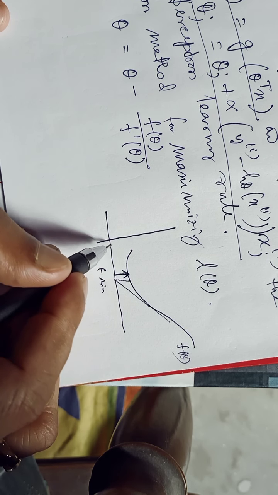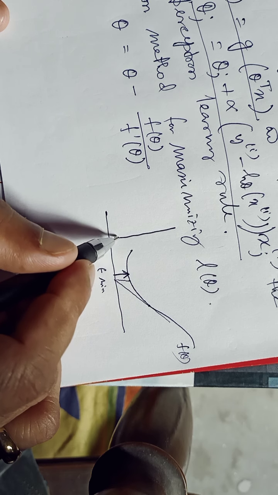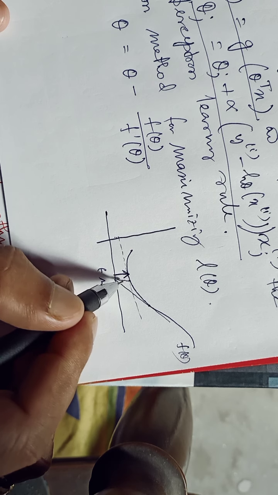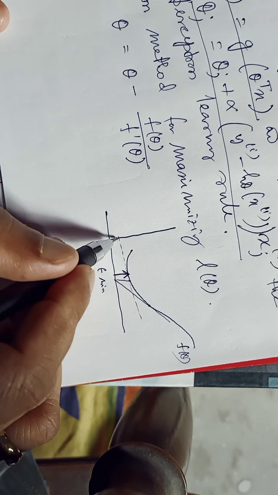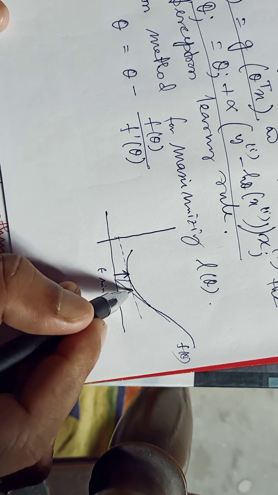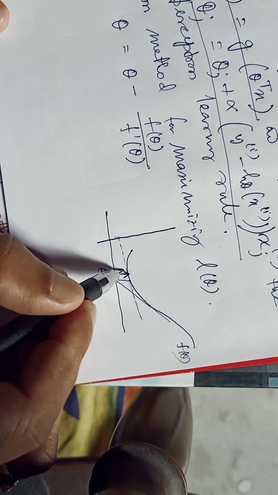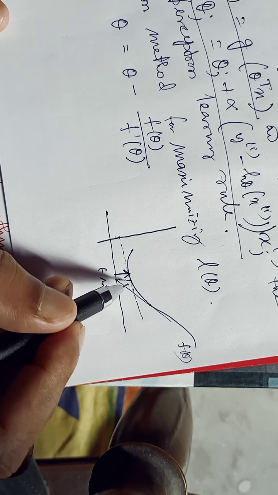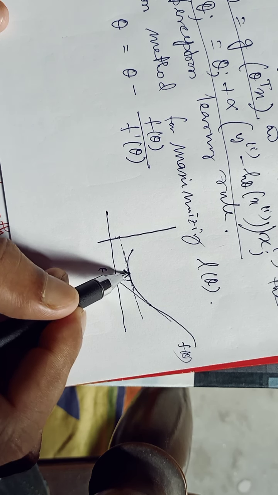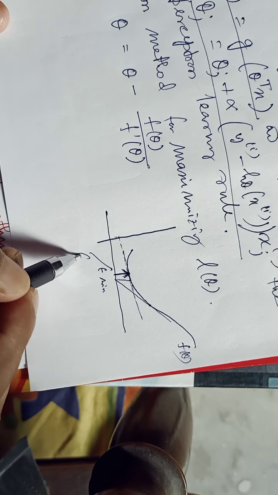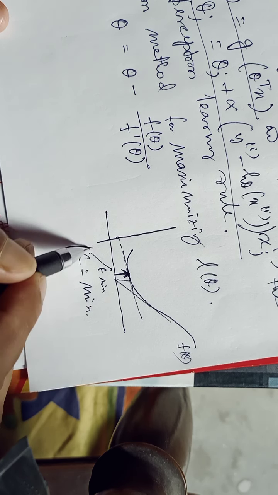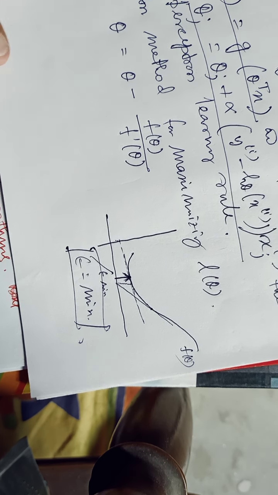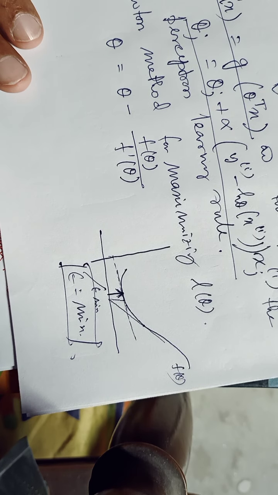Then again we draw a tangent here, and moving up to the optimization, that is this value epsilon, after a few iterations we will get the tangent touching this point, and here we will get epsilon as the minimum. Okay, so this is the Newton method, or better we can say the Newton-Raphson method, for finding the optimizations.